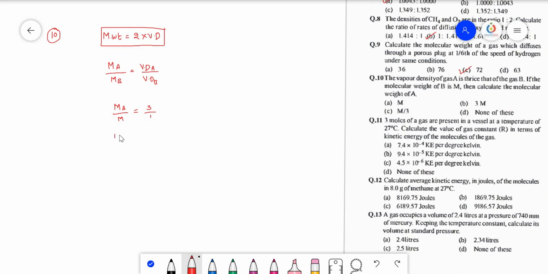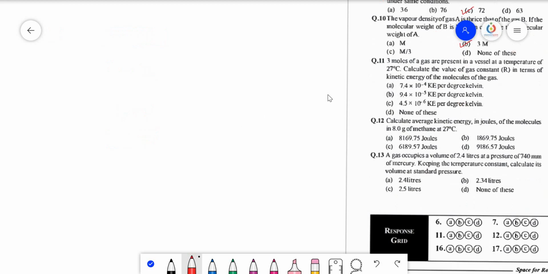So now molecular mass of A is equal to 3 times the molecular mass of B, so 3M. So option B is correct.